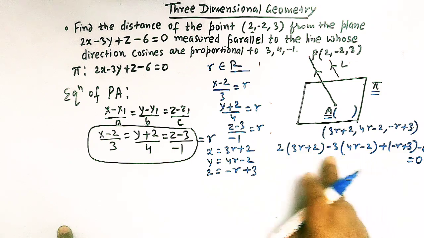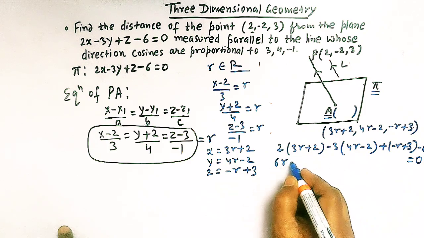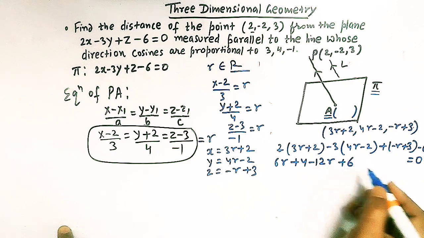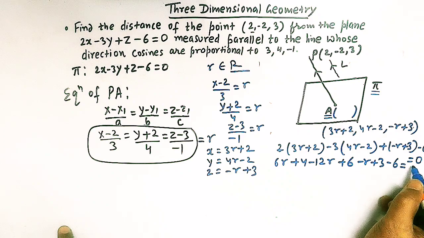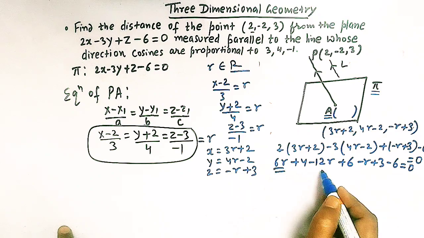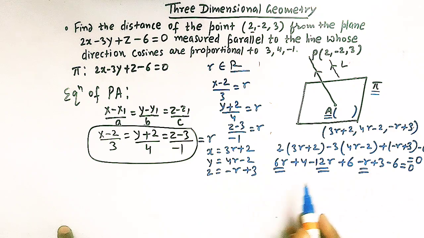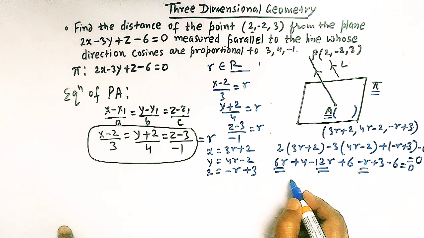So this is a linear equation in r. So we have 6r plus 4 minus 12r plus 6 and minus r plus 3 and minus 6.